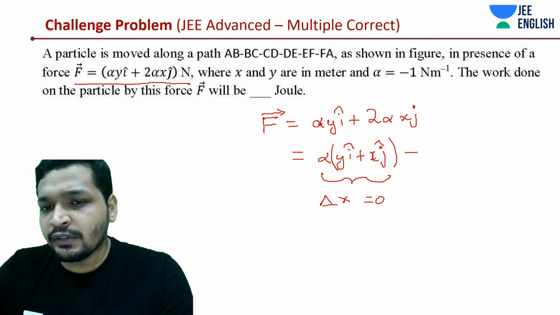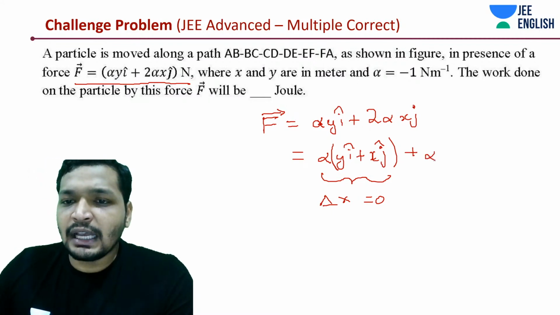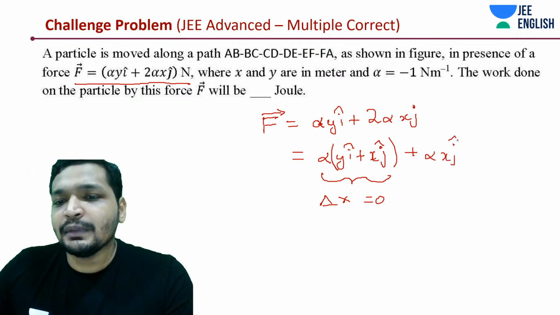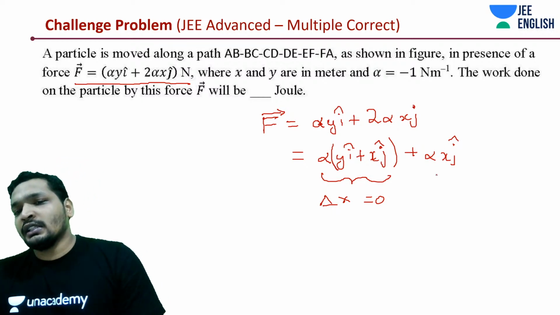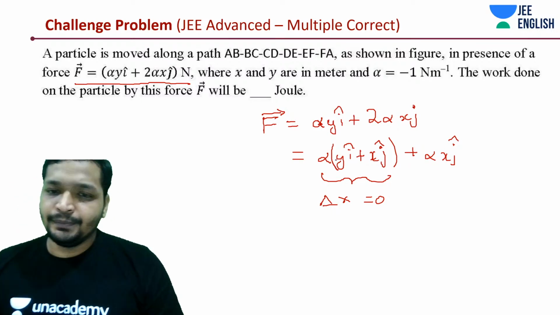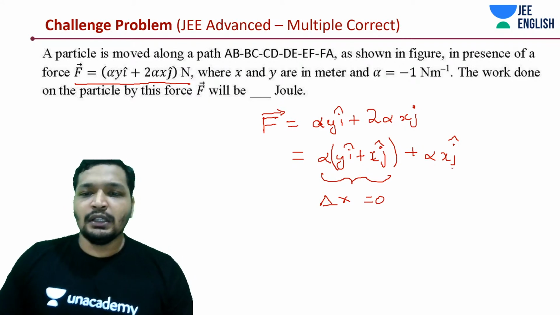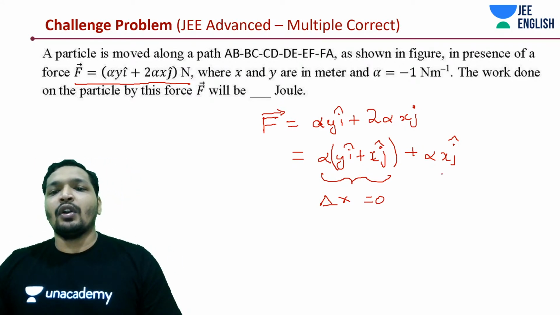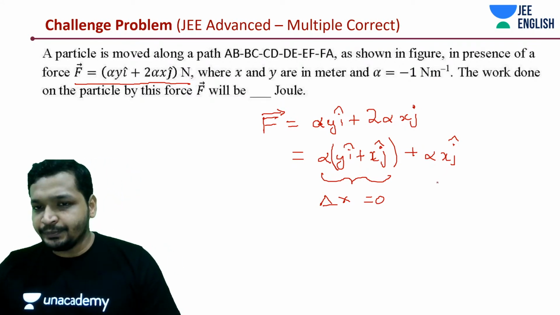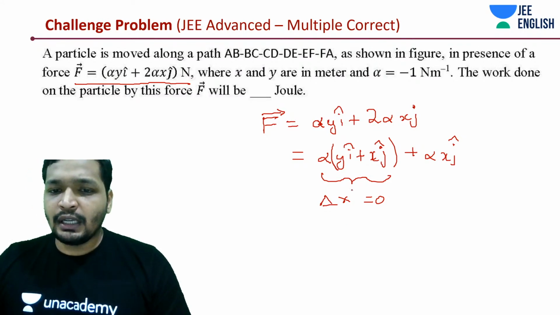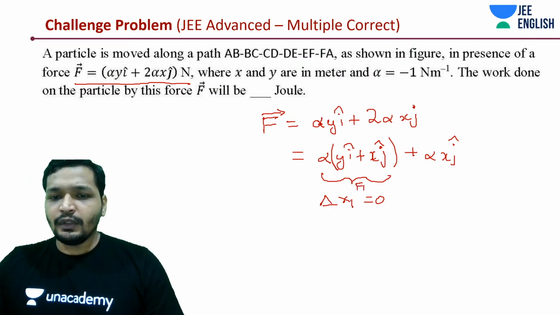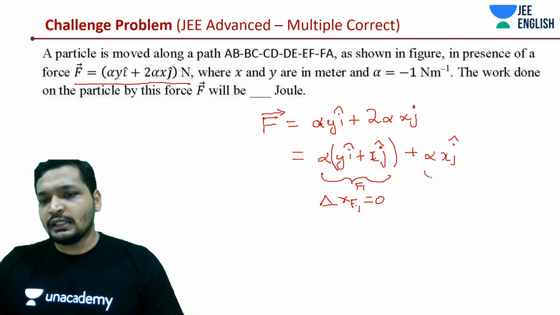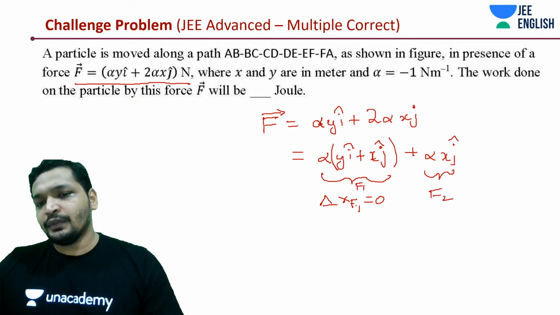So this is a conservative part of the force, whereas alpha into x j cap is a non-conservative part of the force. You can do del cross F, it would not be 0. Let's call this F1, which is going to be 0, whereas this F2 is not 0. Del cross F2 is not 0.